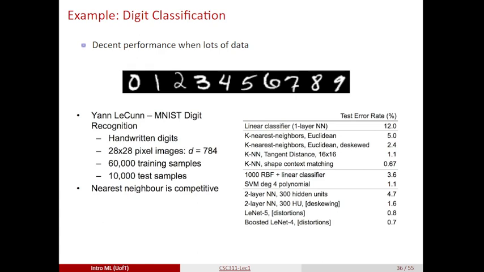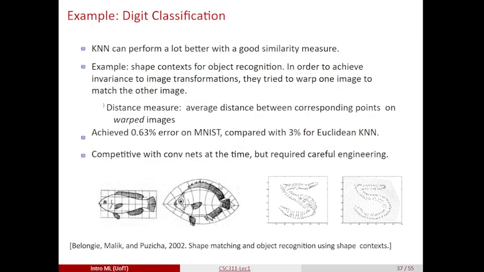The distance measure is the average distance between the corresponding points on the warped images. So that's like going back to the distance formula in algebra. This achieved a 0.63% error on MNIST compared to a 3% error for Euclidean KNN.